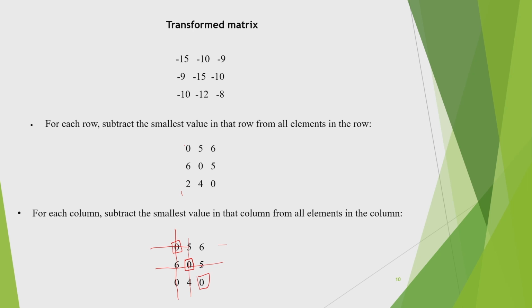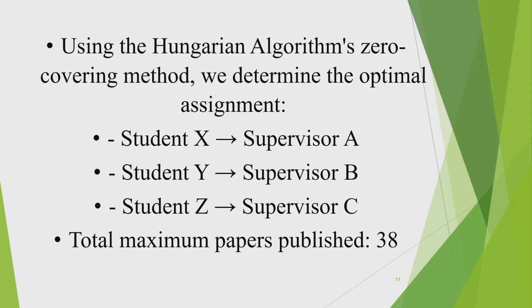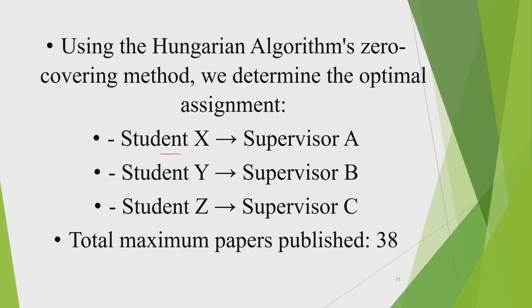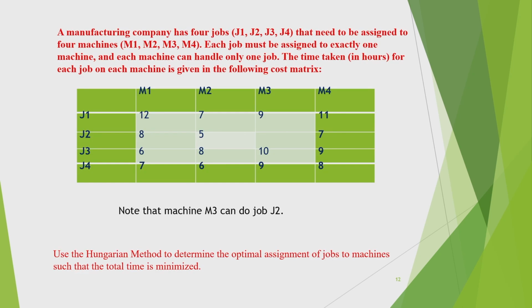So you get 3 here, and so student Z goes to supervisor C. So the assignment is made: student X goes to supervisor A, student Y goes to supervisor B, student Z goes to supervisor C, and the total maximum papers published will be 38. Okay. So that type of thing can be done. This is how the problem got solved.